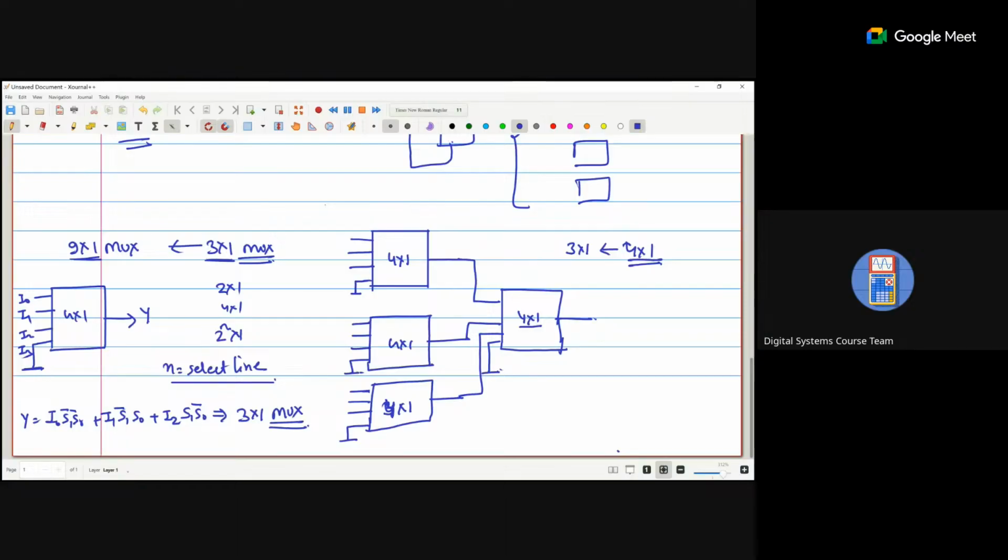So we can customize our 4 cross 1 mux into a 3 cross 1 mux. Okay, so how many 3 cross 1 mux are required? 4. Four 3 cross 1 mux are required to create a 9 cross 1 mux.